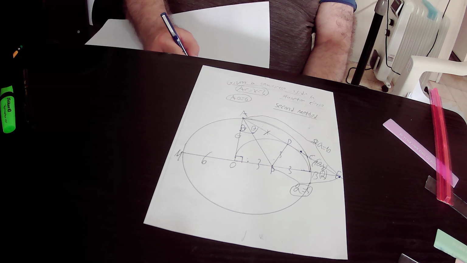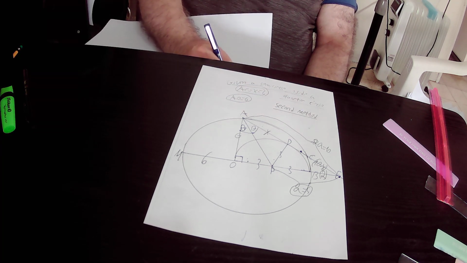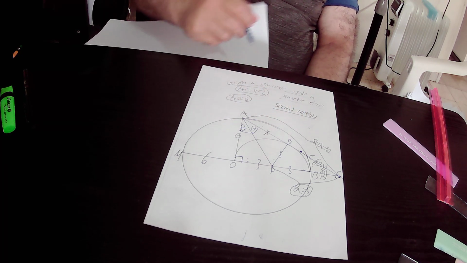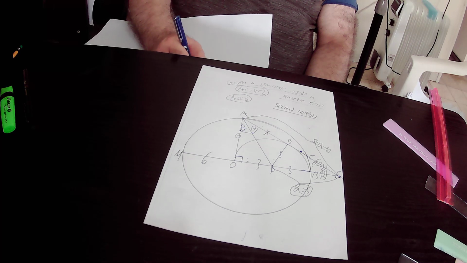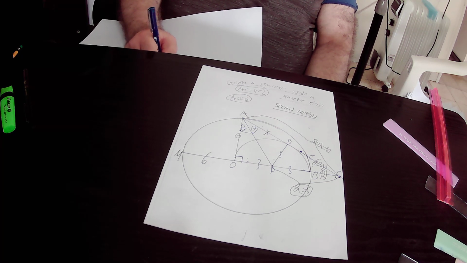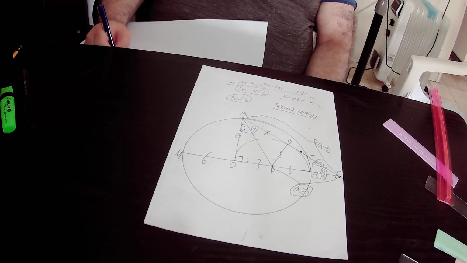In our drawing, chord AC intersects with chord MB at point E. Point E is the intersection point.